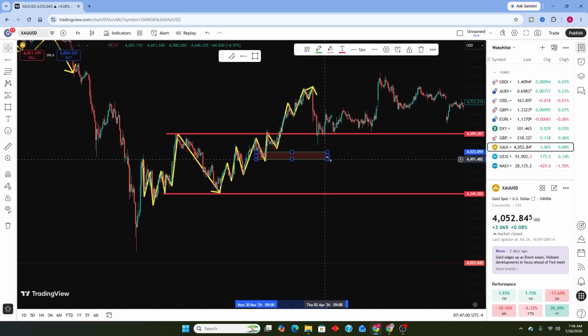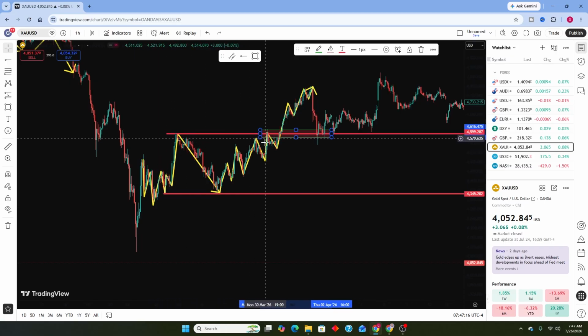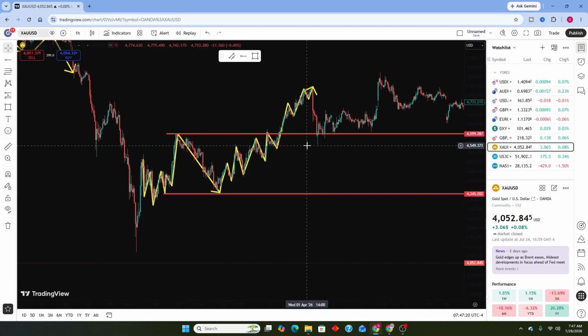Did it come in that area? No. Close, but no. You could still take it. But like I said, you want to follow the rules to the T? No. We pushed up. Break a structure. We broke these highs to make new highs. Boom. Feel me?